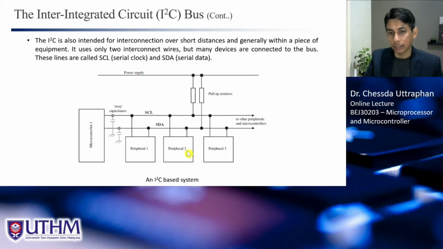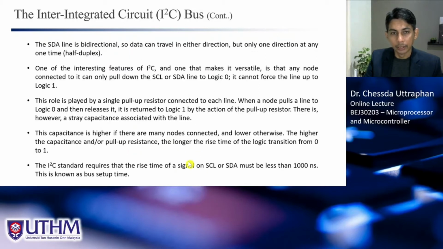So that is how we activate the right peripheral or the right device when we want to use it. So with that, we don't need the extra line for activating the peripheral.